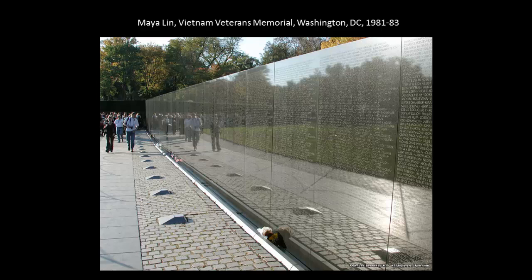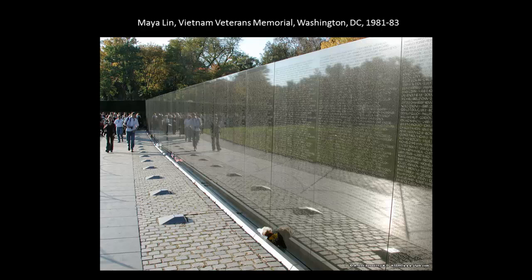And one of the reasons Lynn chose this method was so that a person's name wouldn't get lost if it was in alphabetical order. So imagine how many Joneses or Smiths or Thomases or whatever popular last name, how many of them died in the Vietnam War.